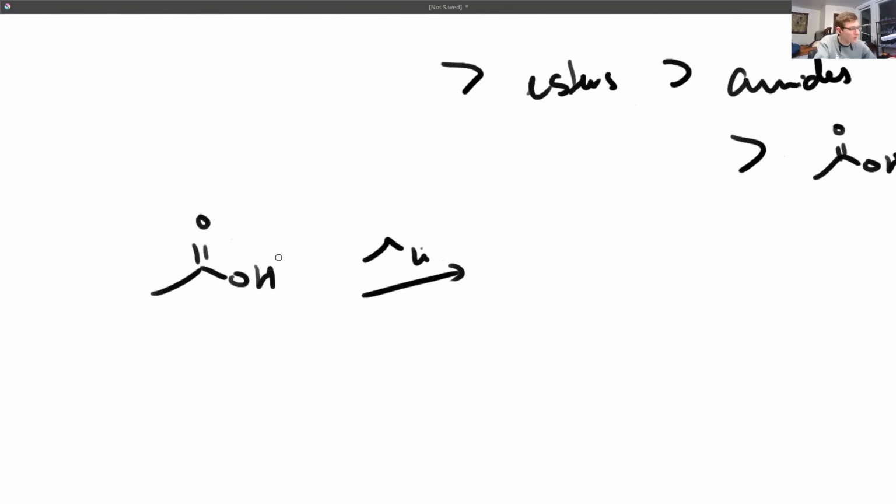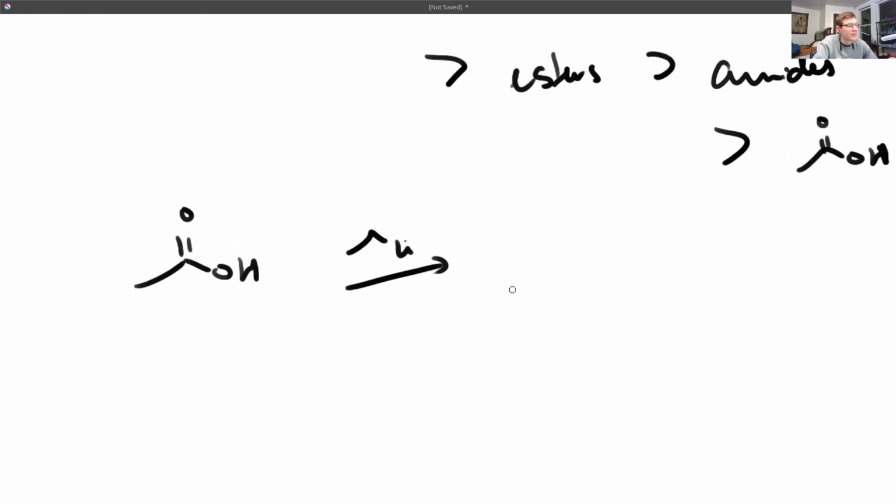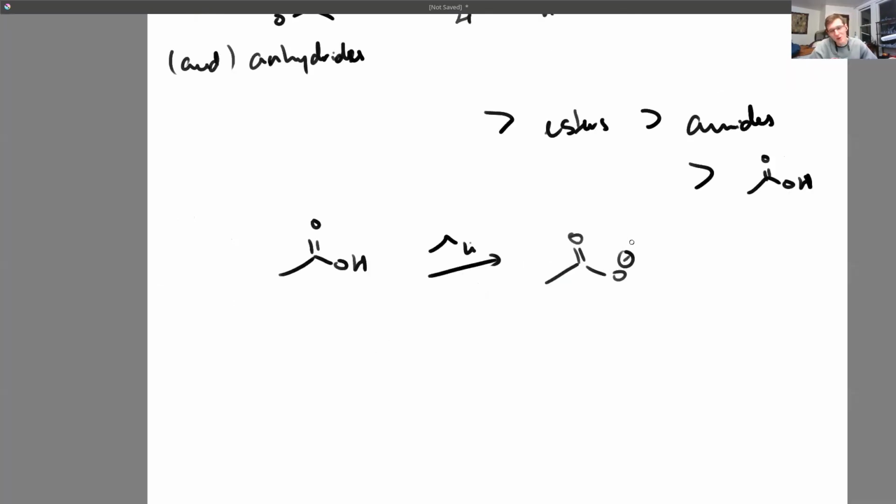But that's no good because this is an acid. This hydrogen will come off really easily, and this thing is super basic. You have to put a ton of work into getting this thing. It's pretty lame, but this is the sort of thing that shows up every once in a while. It's like, I got you, but yeah.